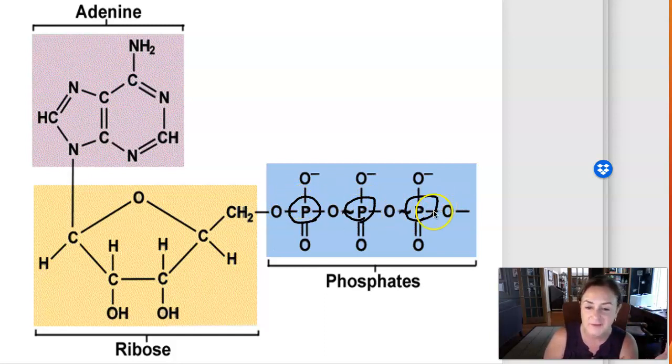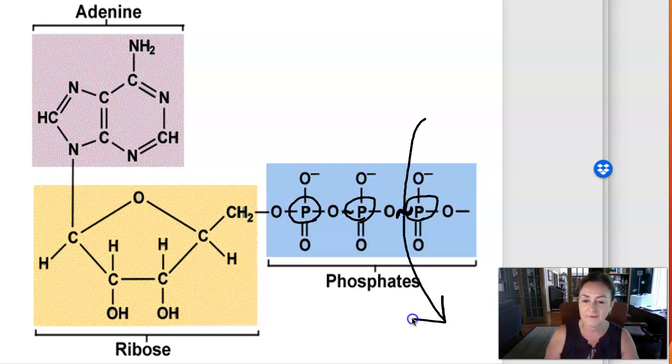So there are lots of different reactants that want to interact with ATP. You can see the squiggly line that they're showing in our book indicating a high energy bond. The way that this works is that different substances will be able to cleave a phosphate off. And when it cleaves the phosphate off, that's what releases energy. So that provides energy to the cell.